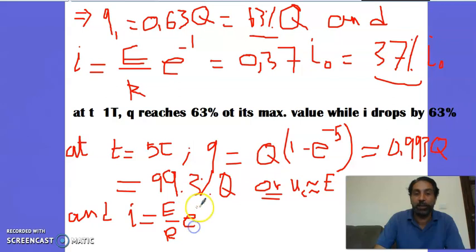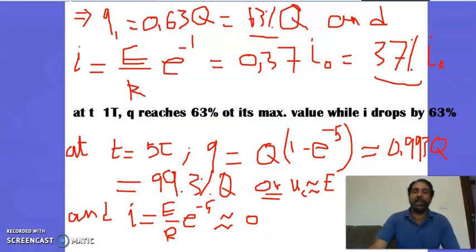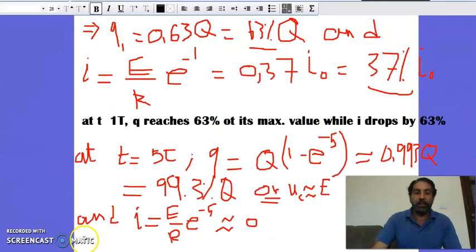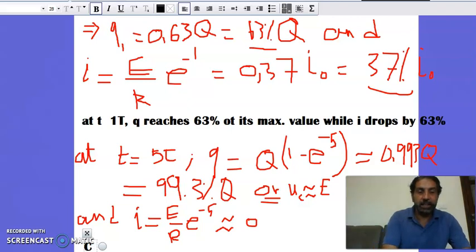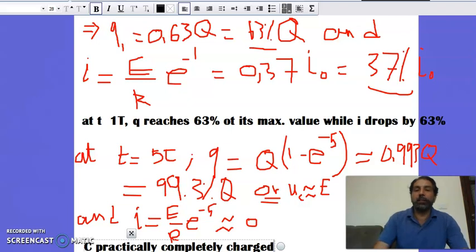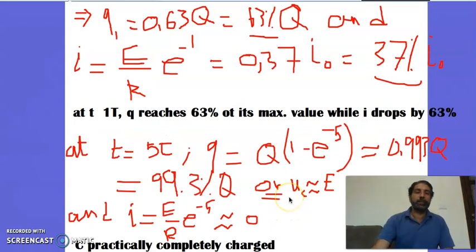Exponential minus t over tau means minus 5, which is approximately 0. So the current drops to 0. Here the capacitor is practically fully charged, or completely charged at t equal 5 tau. Okay? Any problem?